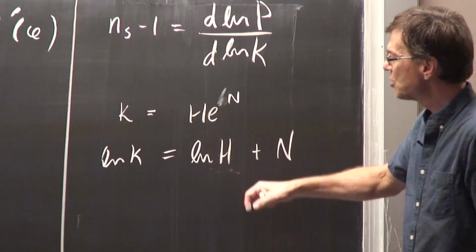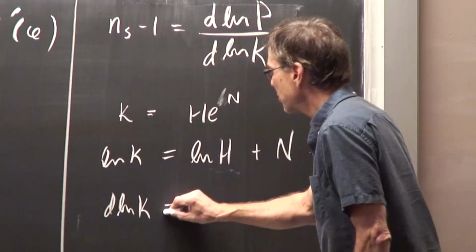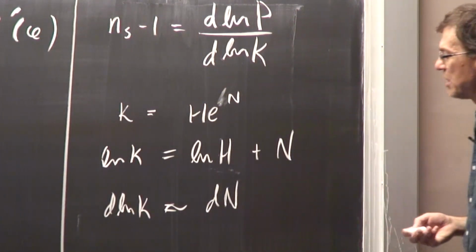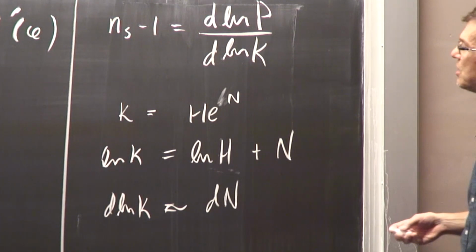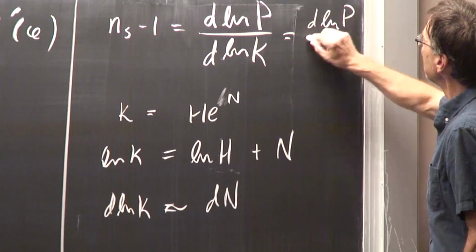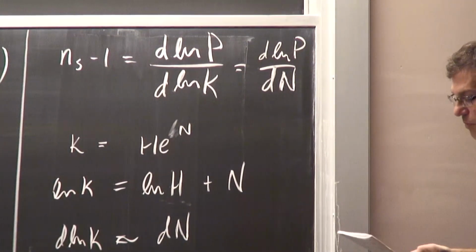It's not exactly constant, but usually it's quite a good approximation to ignore that and just say that d log k is dN. So we can write that as d log P with respect to e-foldings.